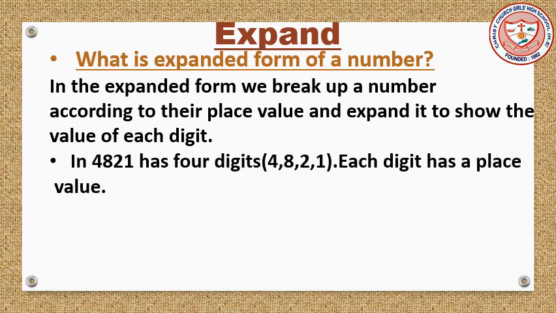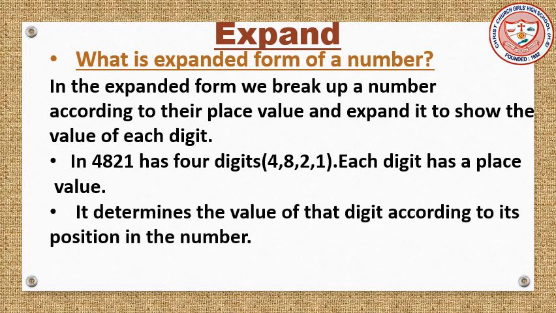For example, 4821 has 4 digits. The digits are 4, 8, 2 and 1. Now, each digit has a place value, right? That determines the value of that digit according to its position in the number.